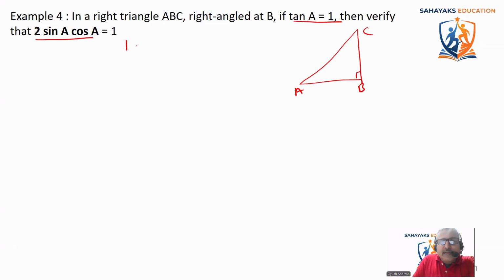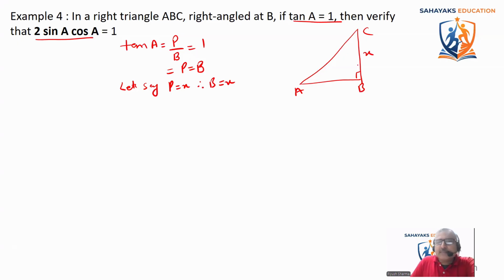So tan A is equal to perpendicular by base, and that is equal to 1. What does it mean? That perpendicular is equal to base. So I consider perpendicular as x, and that means base is also equal to x.